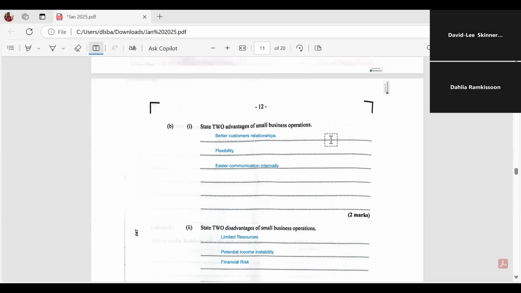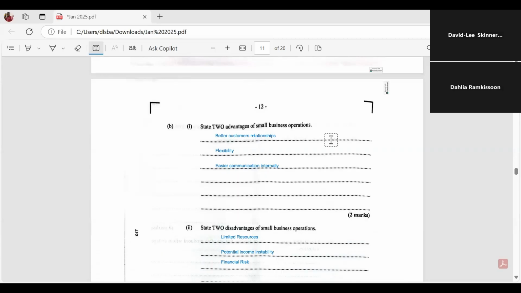So you tend to create better relations that way. As a small business, they tend to be way more flexible than larger businesses because there are way fewer things you need to change when you have to change your approach because of a particular situation. Because you're smaller, it's easier for you to do so, right?